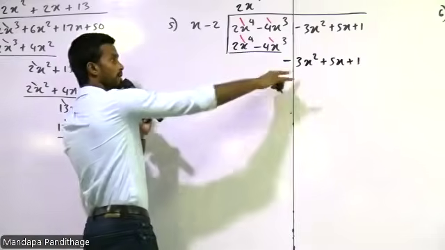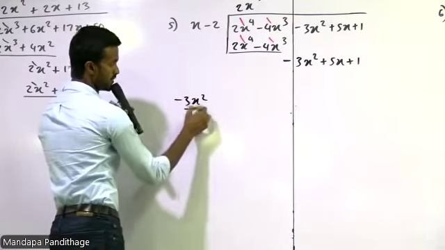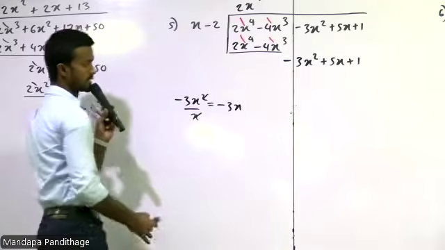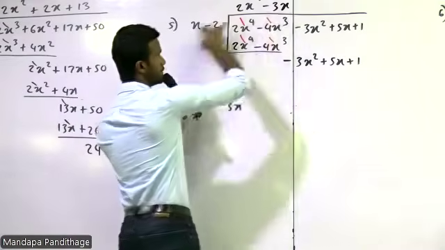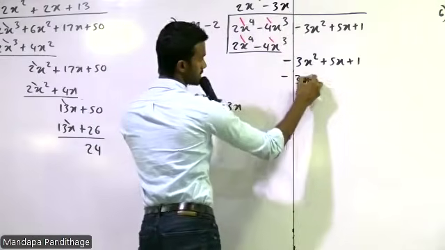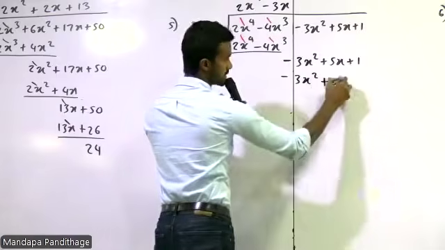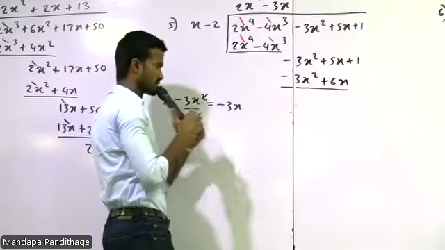Again divide: minus 3x squared divided by x, you get minus 3x. When you multiply, minus 3 into minus 2 is plus 6x. Again subtract.